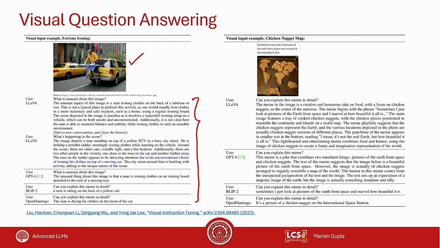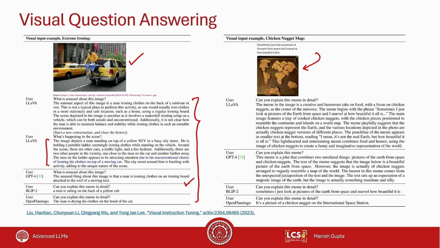Yes, there are models which can generate very long outputs detailing what is unusual, but there are also latest models which give you very pinpointed, accurate output, saying that the unusual thing is that a man is ironing clothes on an ironing board attached to the roof of a moving taxi, which is not really very usual. Similarly, there are models which can give you very crisp answers or detailed answers depending on whatever is the style that you prefer to get those answers in.